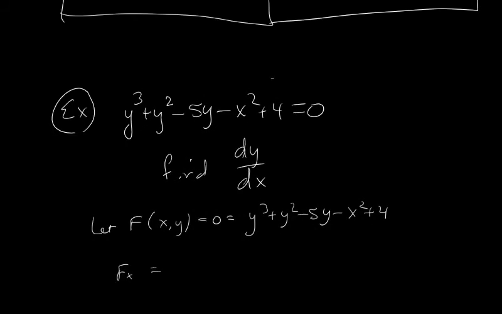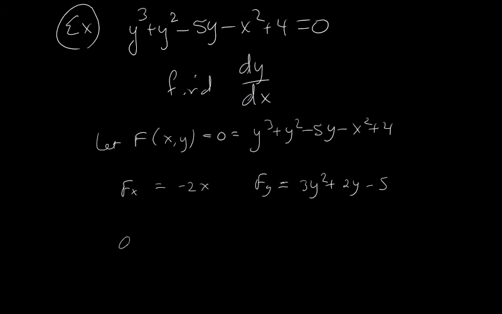F with respect to x is going to be negative 2x, and the partial of F with respect to y is going to be 3y squared plus 2y minus 5. Then by our theorem, dy/dx is equal to the opposite of, so it's going to be F sub x divided by F sub y.